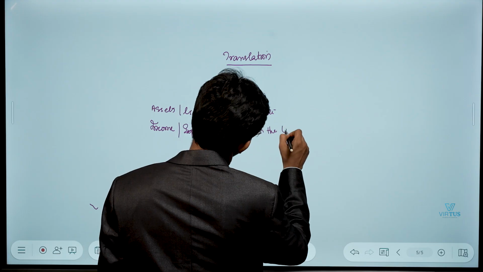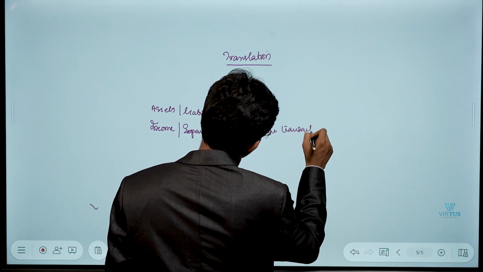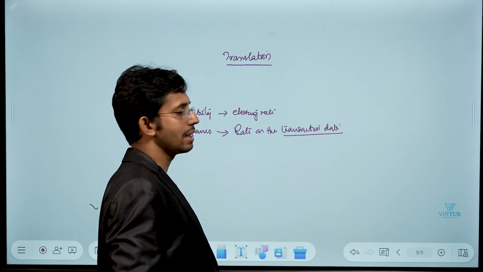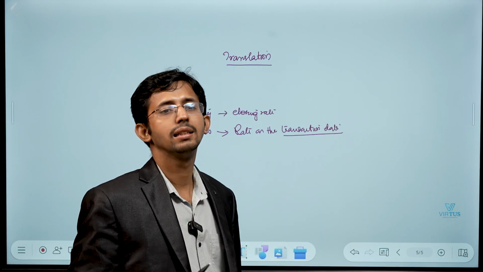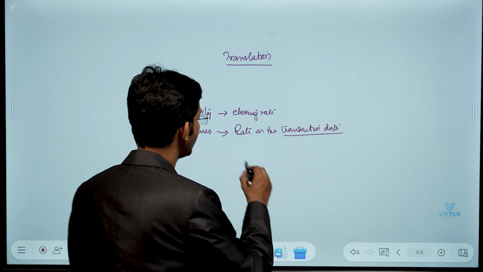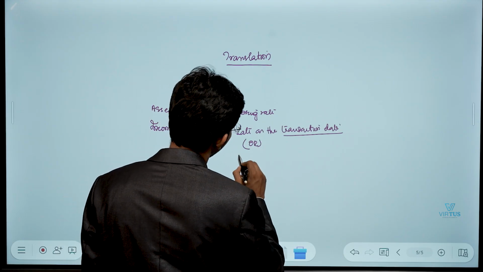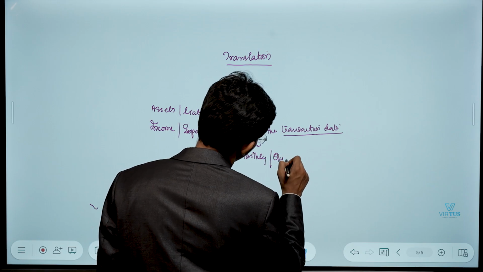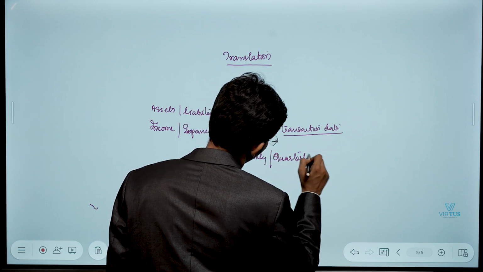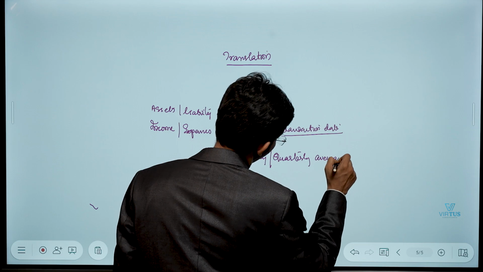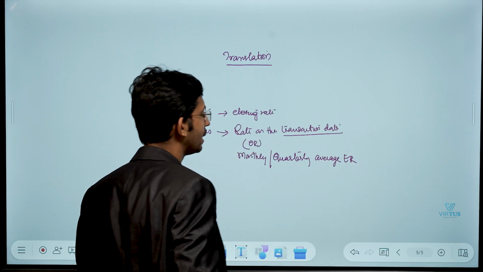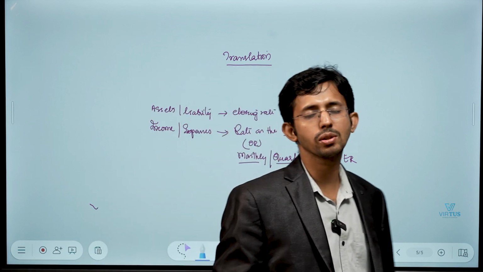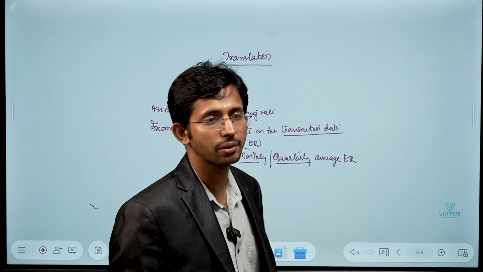And if taking the rate on the transaction date is not practical, you have to use the monthly or quarterly average exchange rate. Take the total transactions for a month or a quarter, see the average exchange rate during that period, and translate at that.